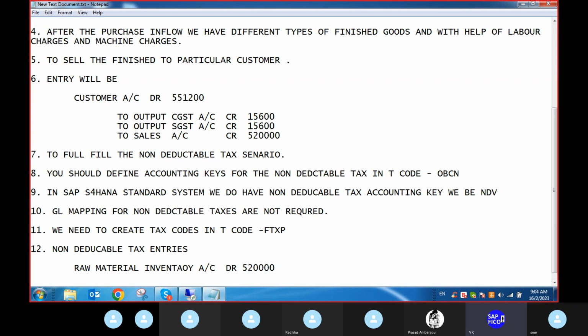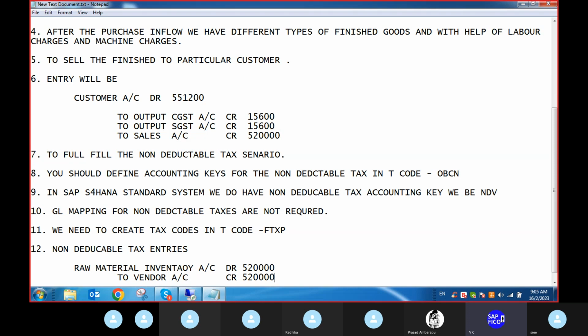Then next, to vendor account creditor 5,20,000 rupees. Okay, so you got the thing right, all of you.